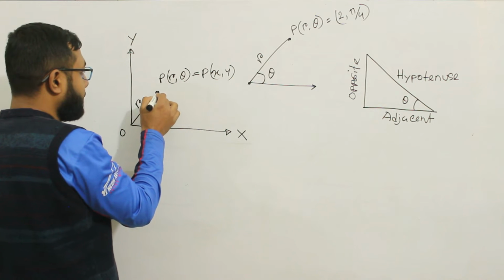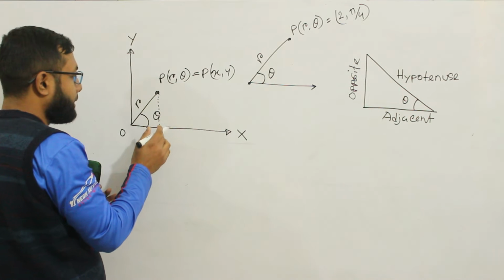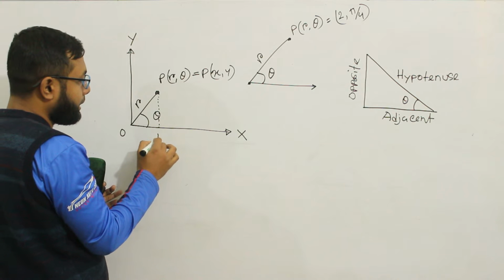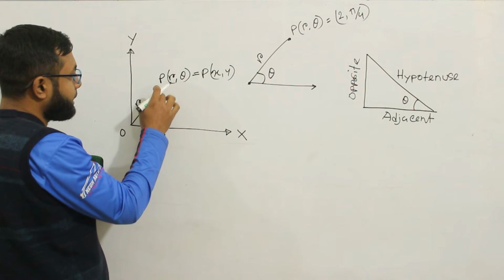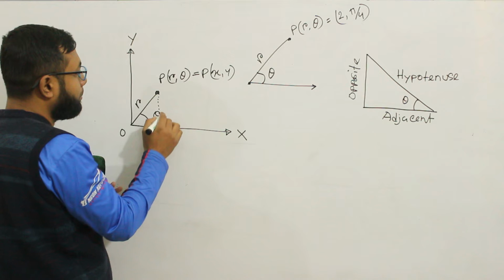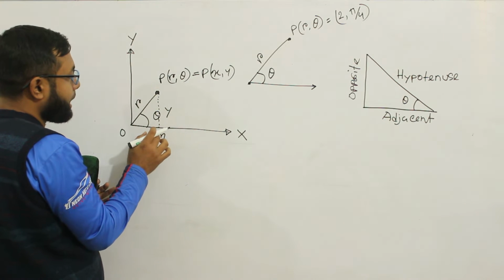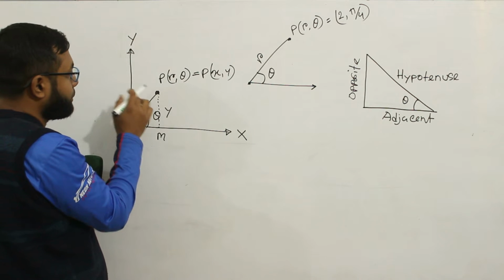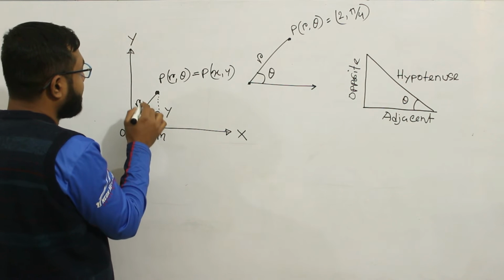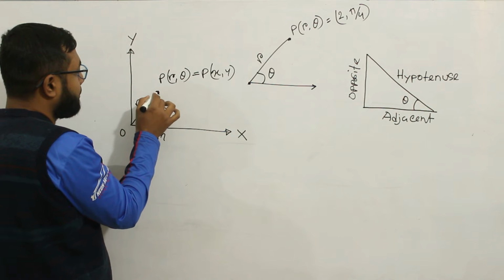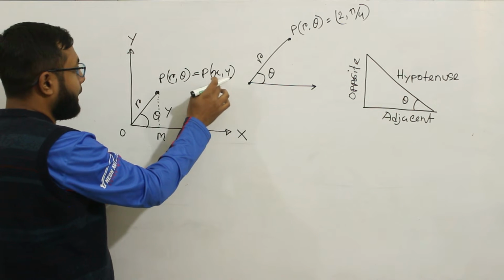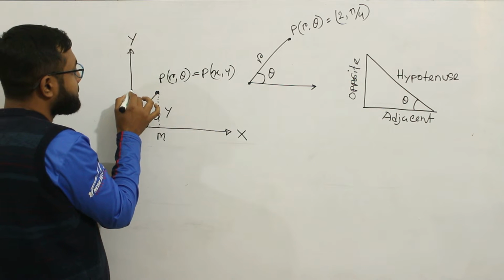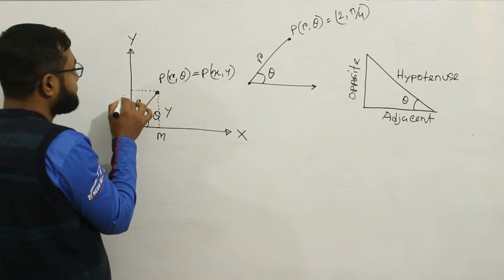So think about the distance from the x-axis to the point P. If we put M here, then the distance from M to P will be y, because that is the y value on the y-axis. For the other value, x, that will be the distance from the y-axis to the point.